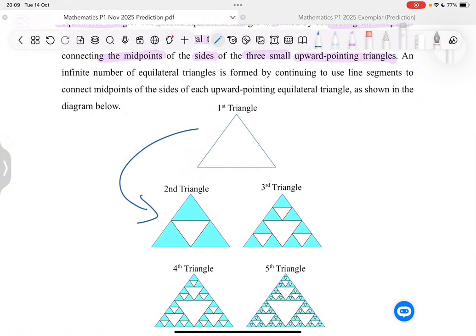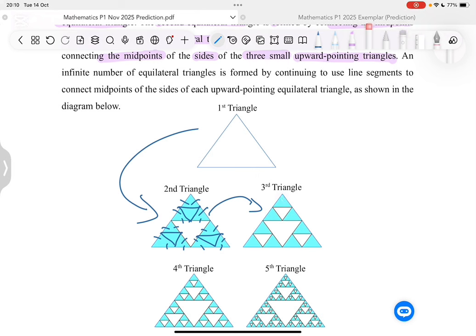I repeat the same pattern where I cut this triangle so that this side and this side are the same, and cut this triangle so that this side and this side are the same, and this side also by cutting here. And I do the same with all these upward facing triangles, all the sides being the same. I then form the third triangle. This is how we got to these triangles that are here.